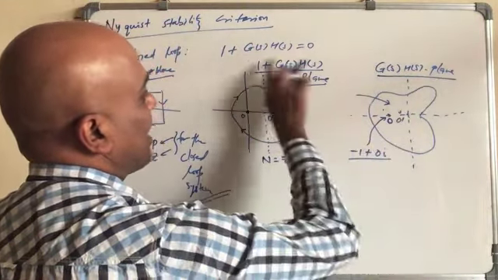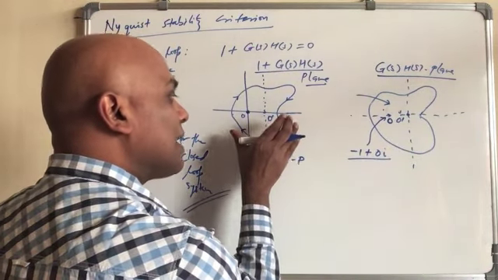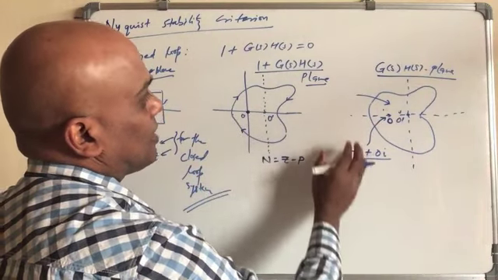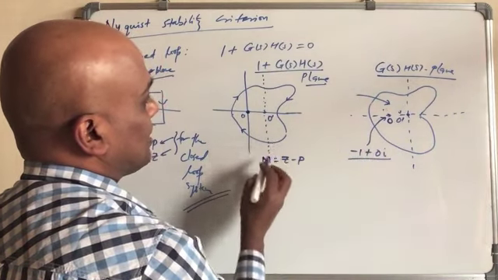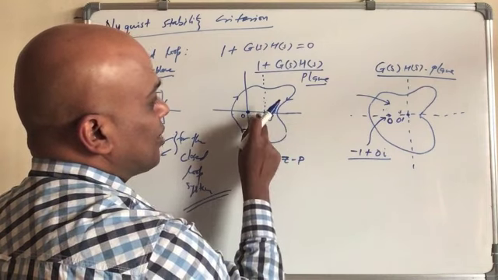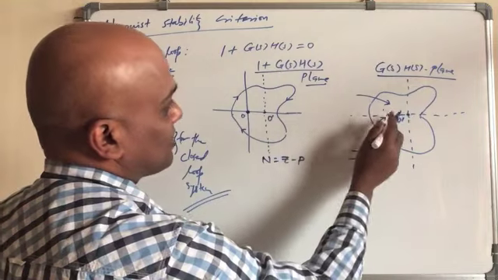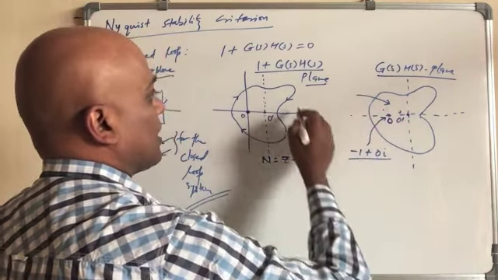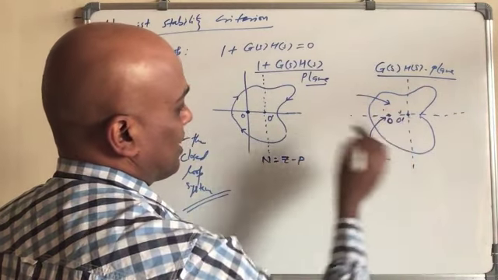Then you will have the same shape but shifted to the right, which means the original 1 becomes 0 now, and the original 0 becomes -1 now. So encirclement of 0 is equivalent to encirclement of -1.